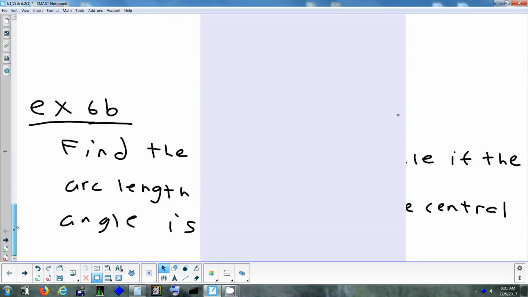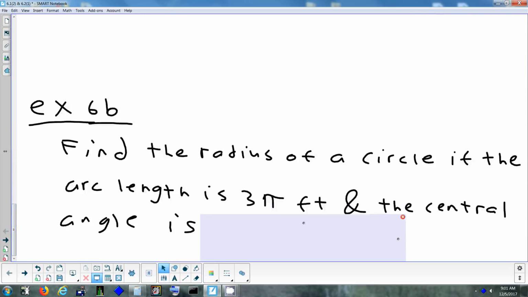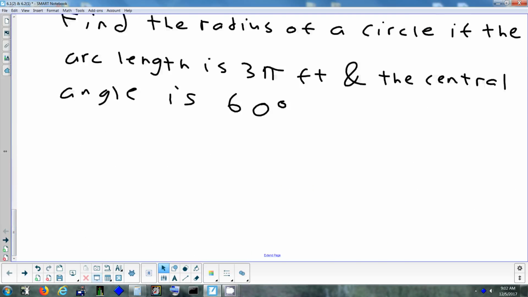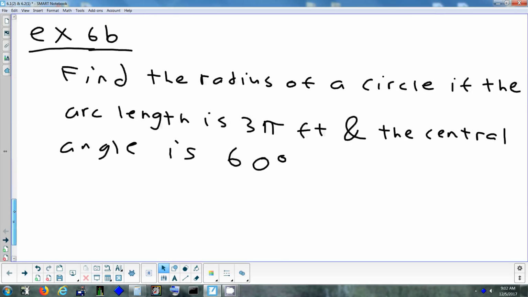All right, let's try this one. So this time they're asking for something different. Find the radius of the circle if the arc length is 3 pi feet and the central angle is 60 degrees. Okay, before I even start to think about doing calculations, what's something right away that we need to fix?